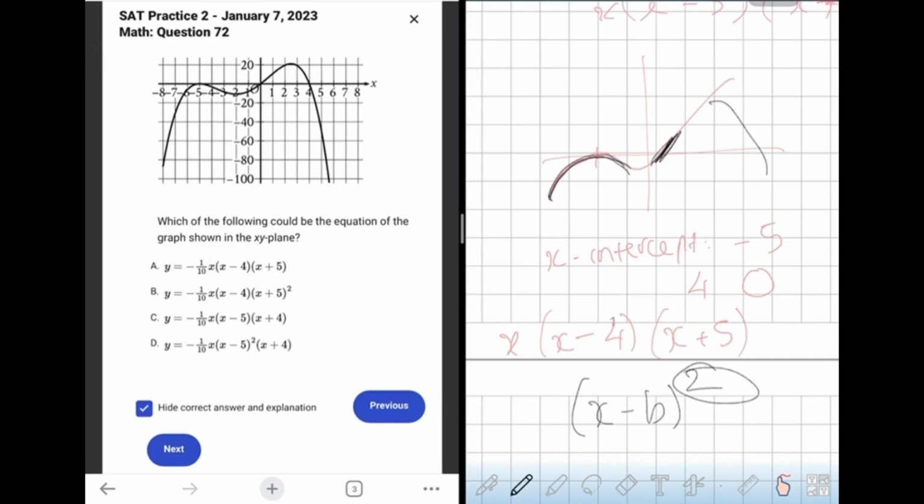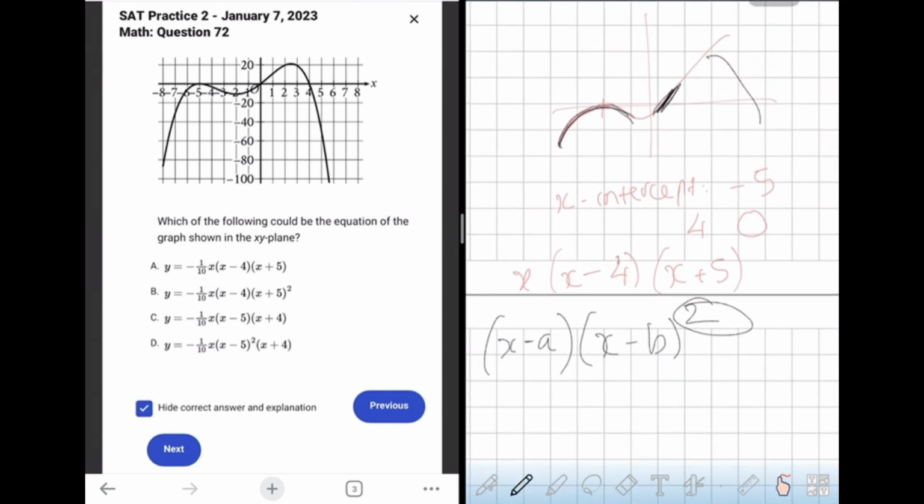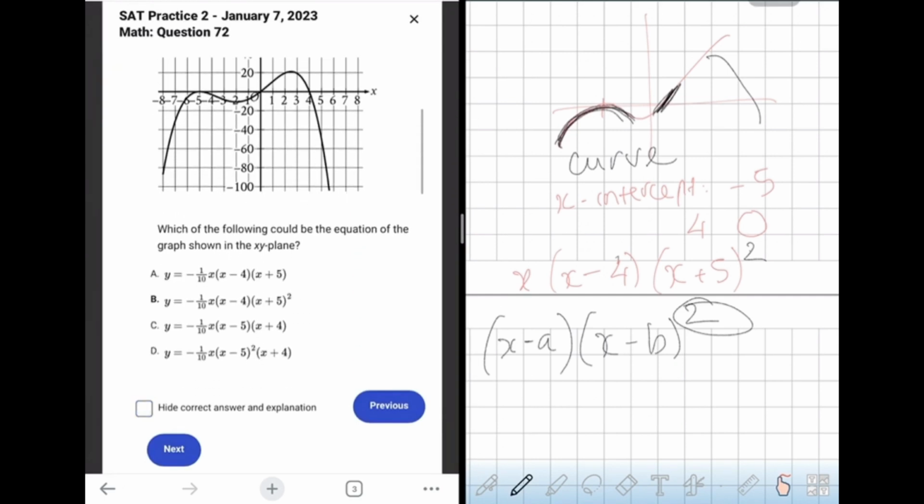So it would be this form. So now we will have the answer x plus 5 and then square, because here is the curve. Okay, so the correct answer must be B, right?